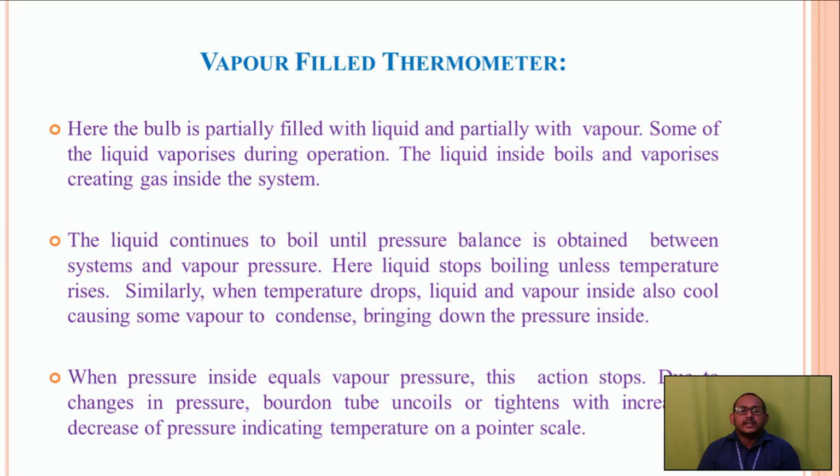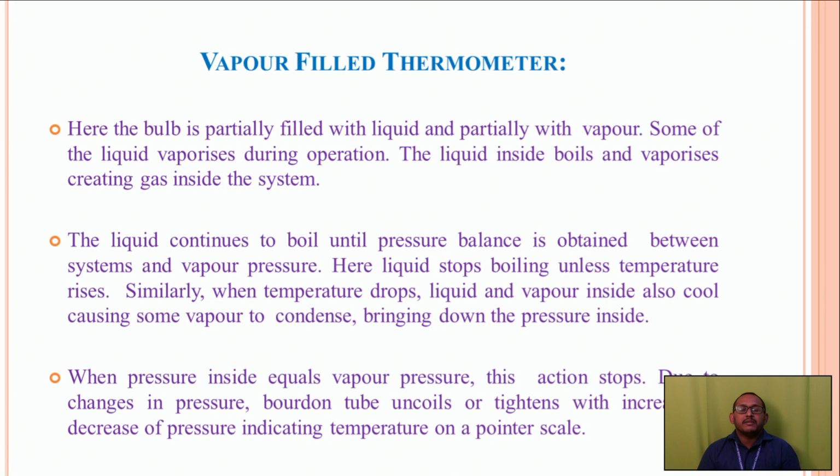Here the liquid inside boils and vaporizes, which creates a gas inside the system. The liquid will continue to boil until the pressure balances between the system and the vapor pressure. The liquid will stop boiling unless the temperature is raised.